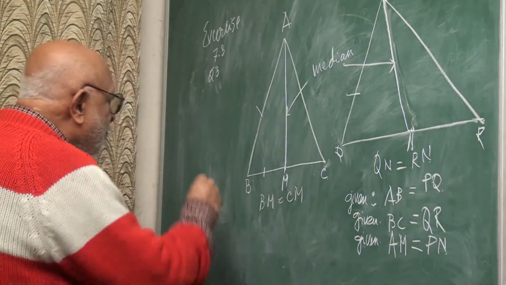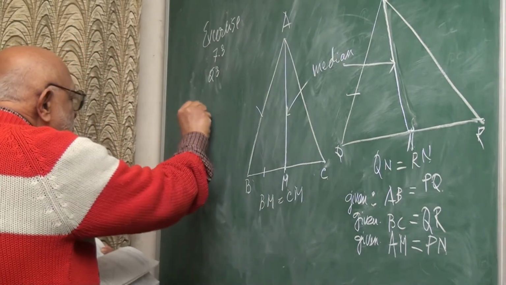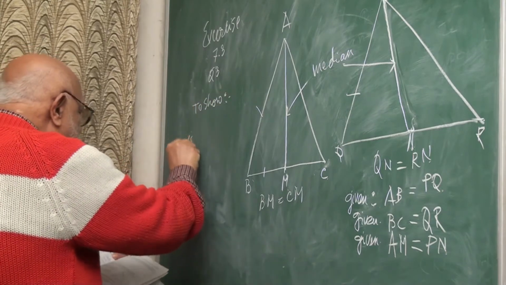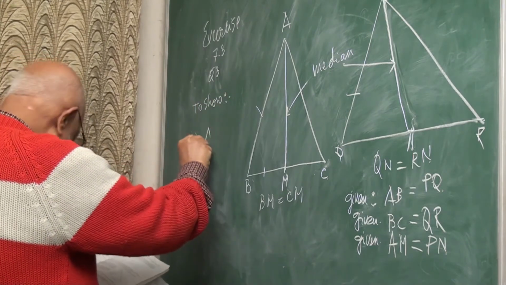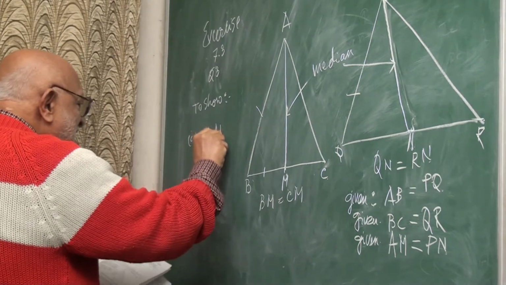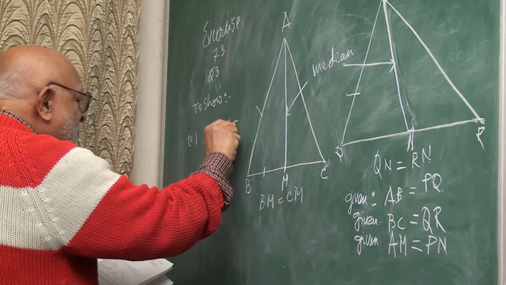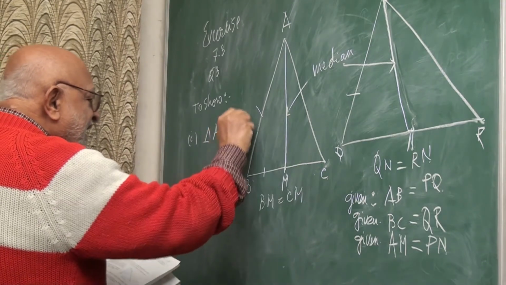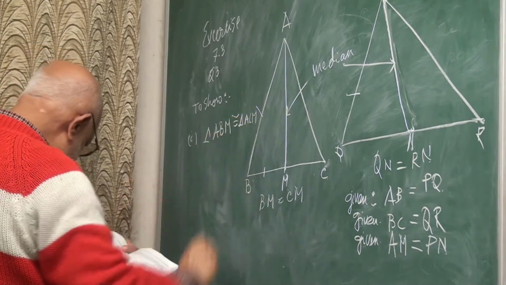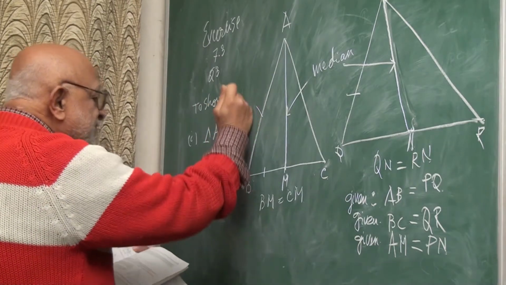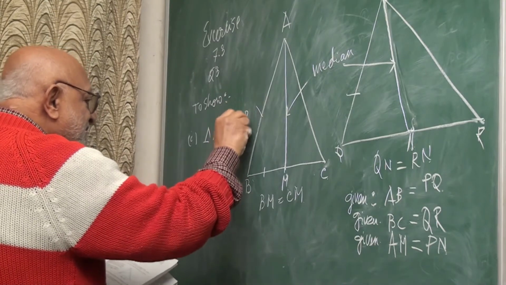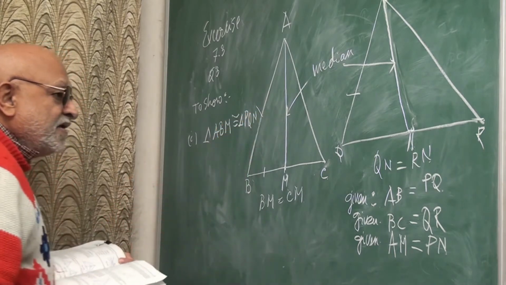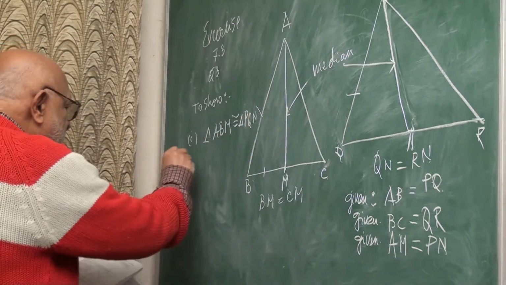I have to prove or to show two things. You have to show triangle ABM is congruent to triangle, not here, say PQN. Okay, PQN. And what you have to show?